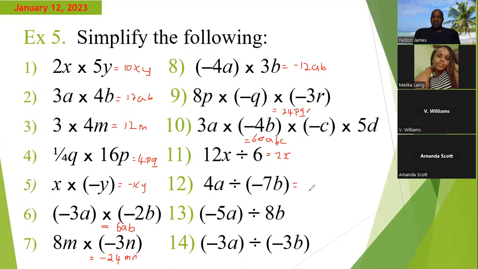But in this case, you really don't need to do that. All you need to do is to write it back in a fractional form. And so this would be the same as 4a over negative 7b.